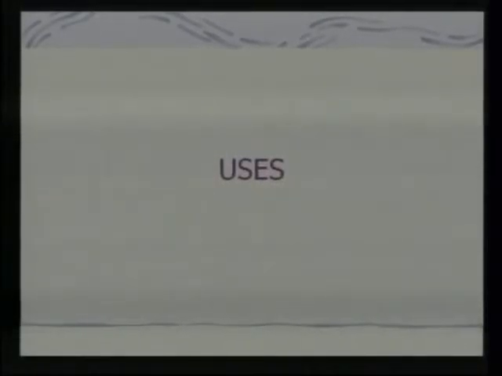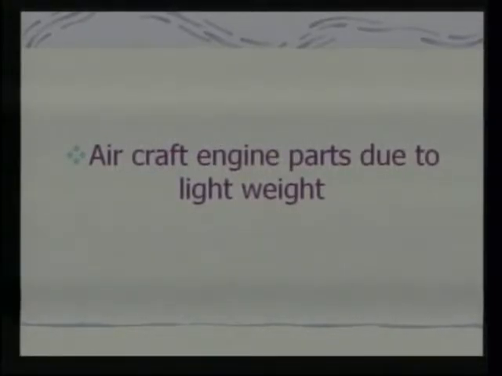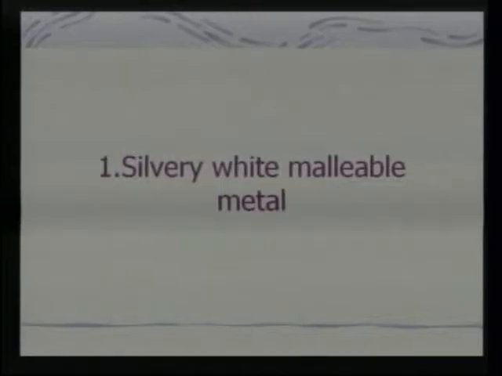Uses are like this. Aircraft engine parts due to lightweight, I already told you. As alloying element in aluminium alloys. Now we go for chromium and its properties. Silvery white malleable metal, that is why it is coated on steel articles such as stoves, gas stoves.